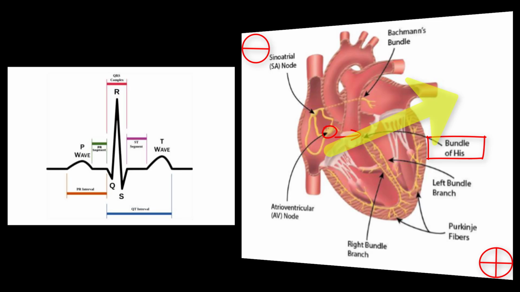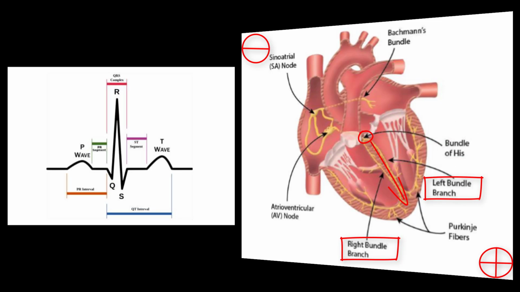In this case, the heart will elicit a slight downward deflection toward Q. As the signal travels down the bundle branches, it is heading directly towards a positive lead. If we are heading directly towards a positive lead, what type of deflection will we see? A positive deflection. And we see this on the EKG from Q to R.